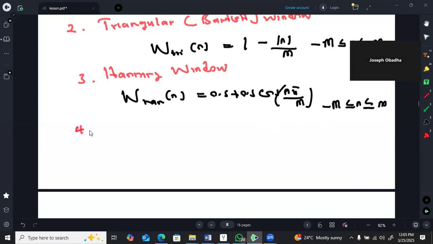We also have the Hamming window. Don't confuse the Hanning and the Hamming.